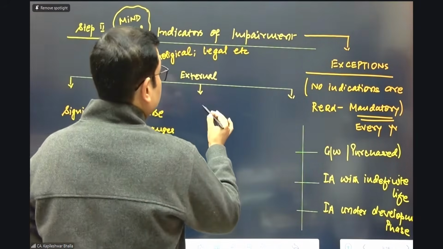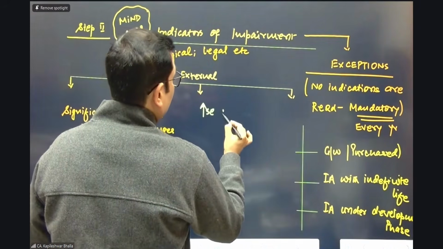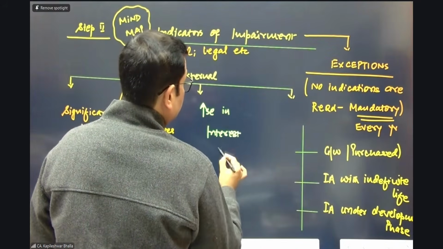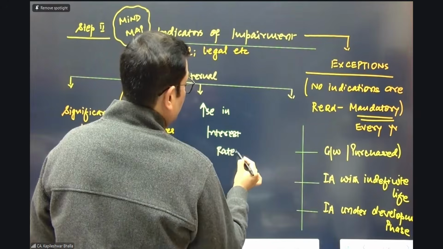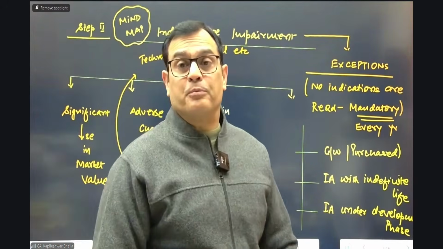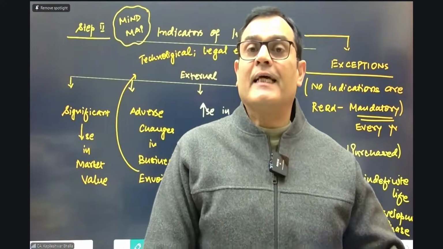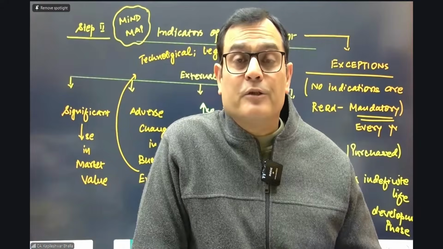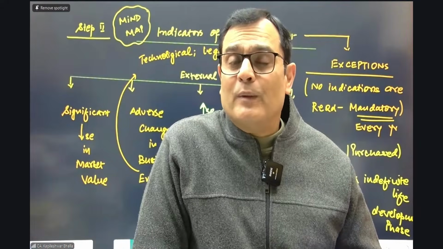The next is an increase in interest rates in the economy. Since we apply the concept of present value factor, naturally, you know this mathematically, the higher the discounting rate, the lower the present value.